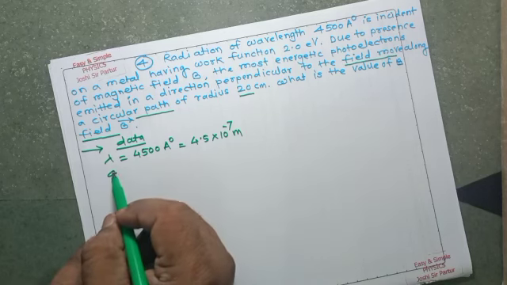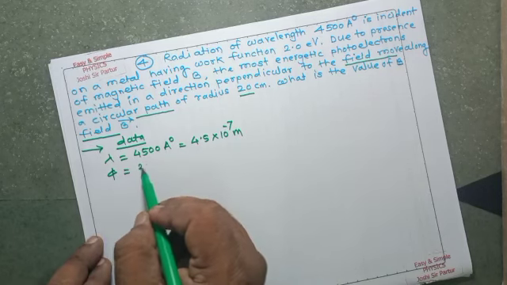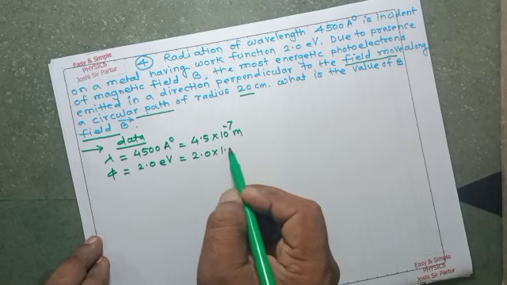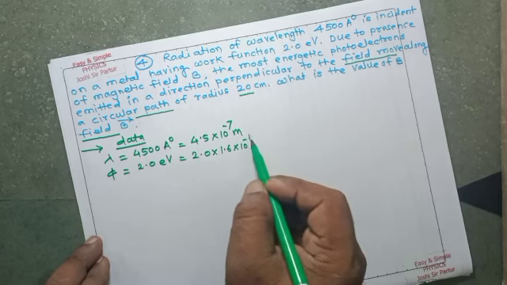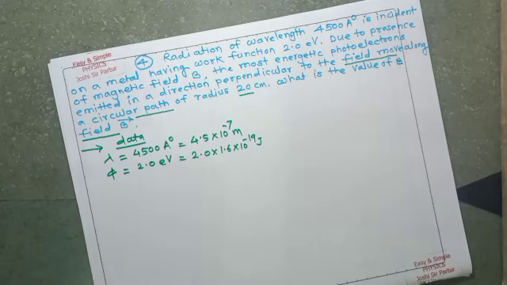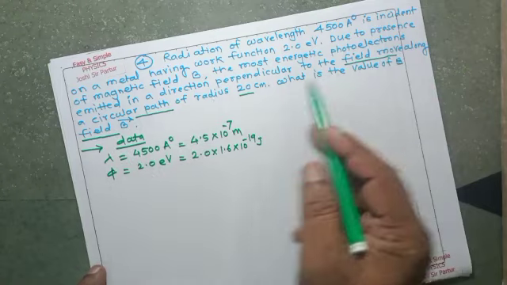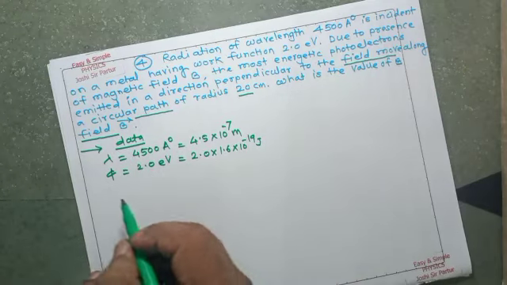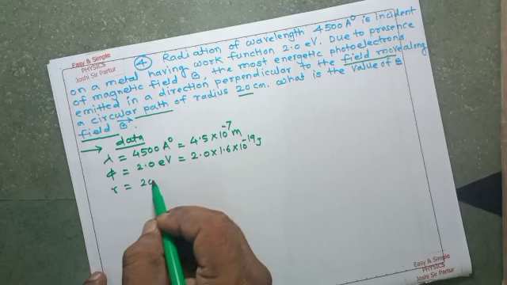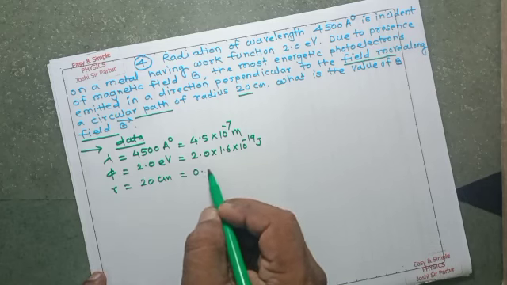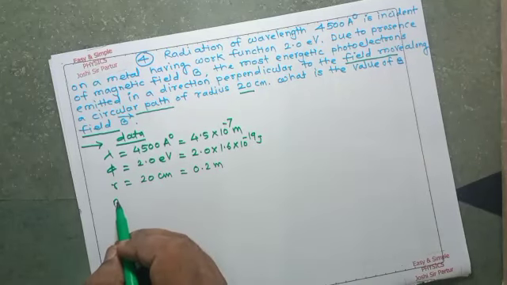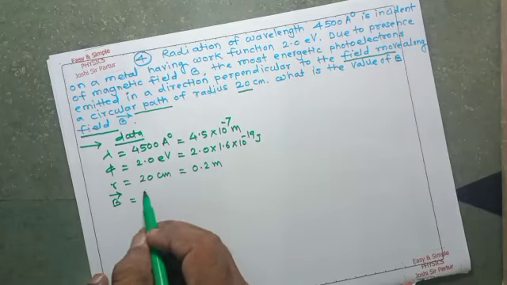Work function phi is equal to 2.0 electron volt, or 2.0 into 1.6 into 10 raised to minus 19 joule. Then radius is given. So radius is equal to 20 centimeter, means 0.2 meter, and we want to find the value of magnetic field B.